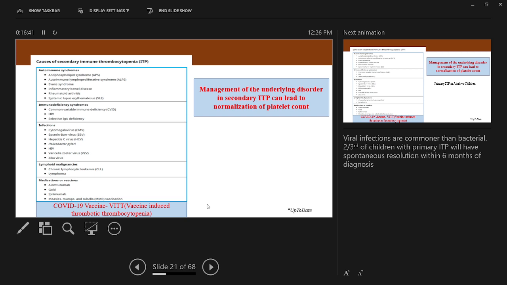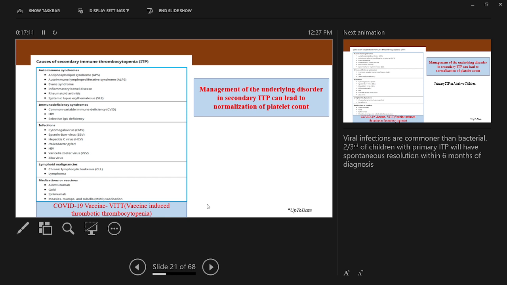Why do we discuss the causes of secondary ITP? Because the management of the underlying disorder is important. Usually we see a lot of CLD patients having HCV infection and HCV-related CLD, so even that can present with this, and also systemic autoimmune disorders.